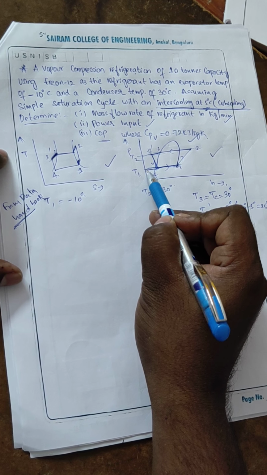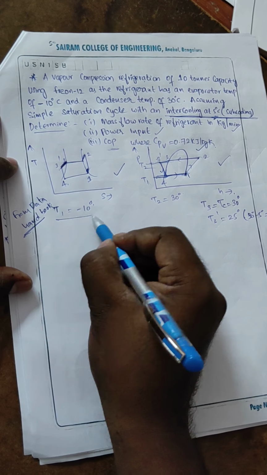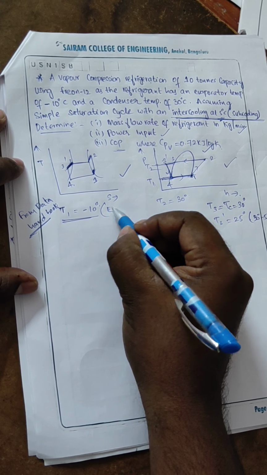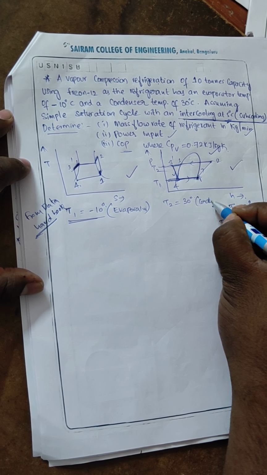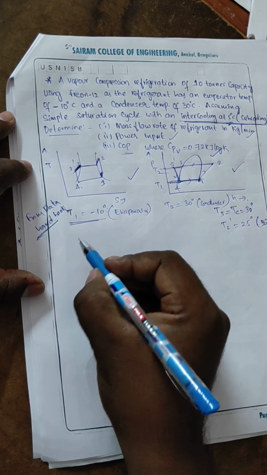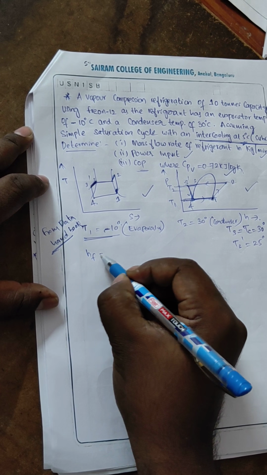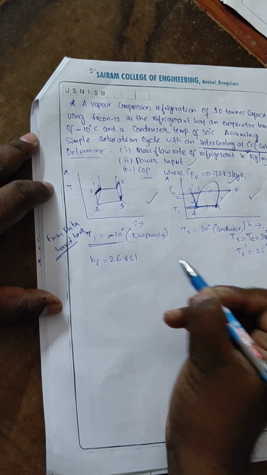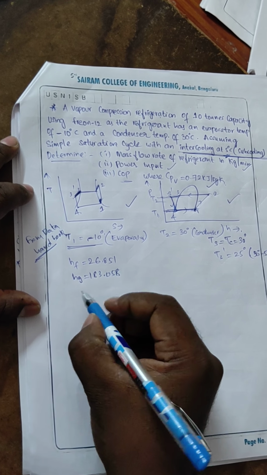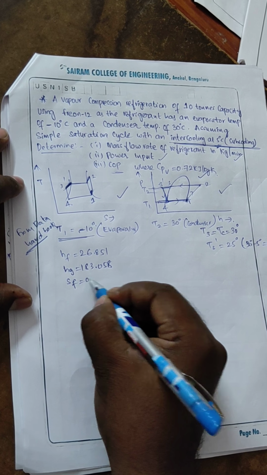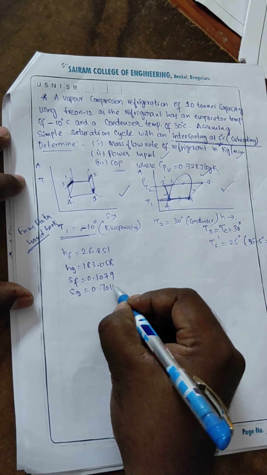Evaporator temperature is T1 and condenser temperature is T2. For the evaporator at minus 10 degrees Celsius, from the data handbook, HF is equal to 26.851, HG is equal to 183.058, SF is equal to 0.1079, SG is equal to 0.7014.